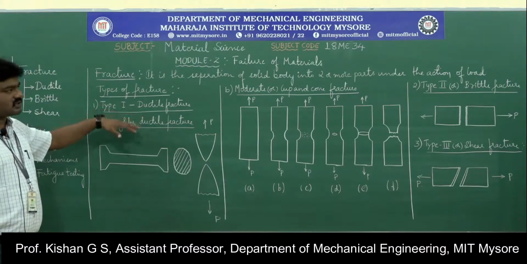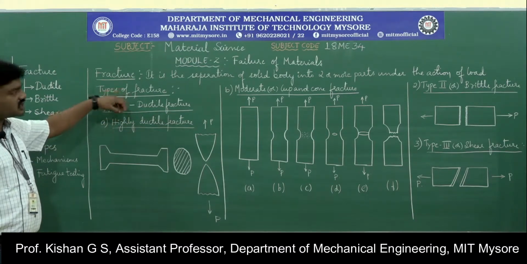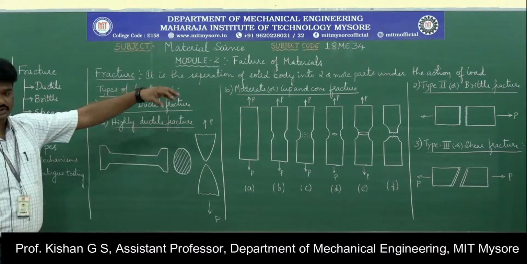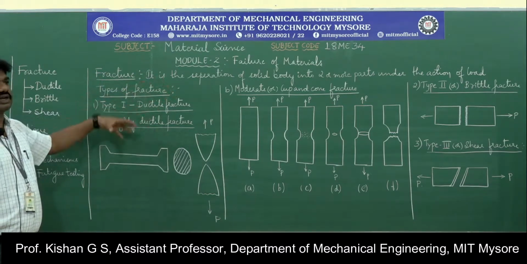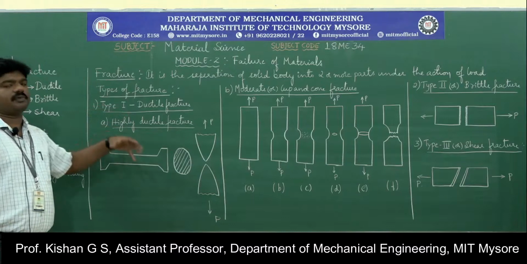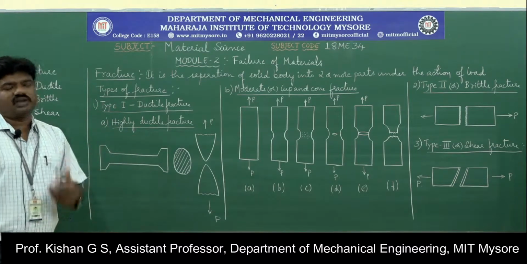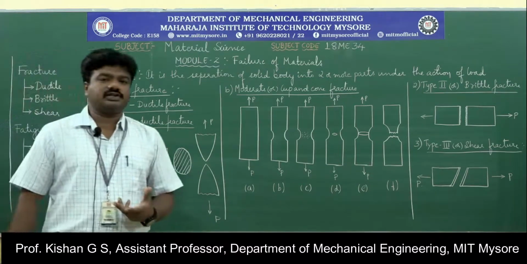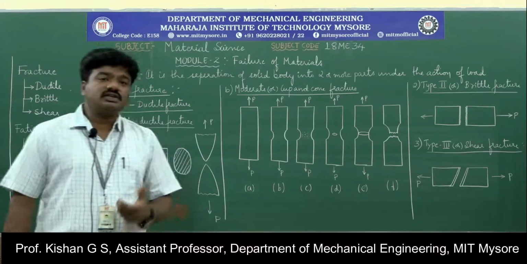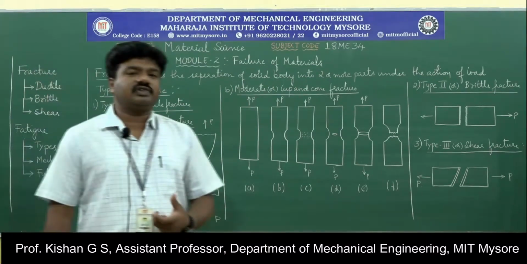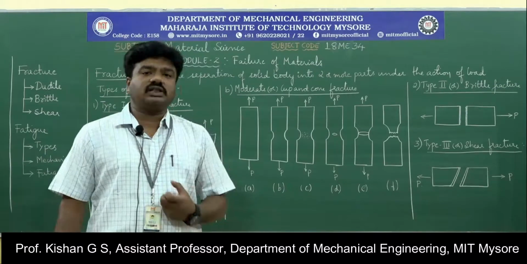So here what happens, before understanding the different types of fracture, we are supposed to consider a material which is subjected to a type of loading condition. So whenever a material is subjected to loading condition, there will always be an initiation of deformation happening within the atomic bonds present in the material.